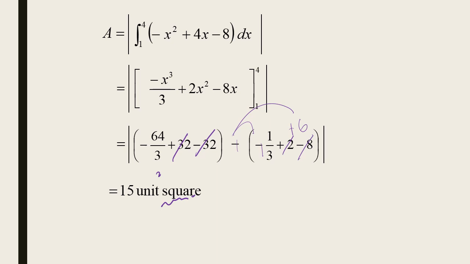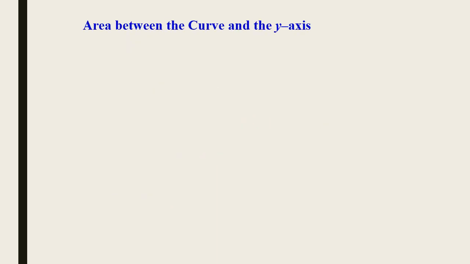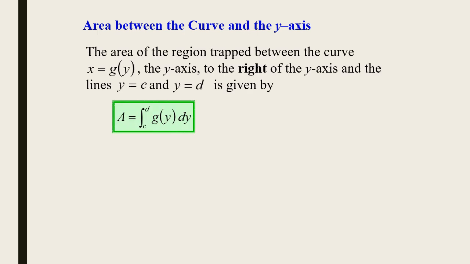Okay, so let's continue. Area between the curve and the y-axis. Previously we learned how to find the area between the curve and the x-axis. Now it's the y-axis's turn. So the area of the region trapped between the curve x as a function in terms of y and the y-axis, to the right of the y-axis, and the lines y equal to c and y equal to d is given by this.